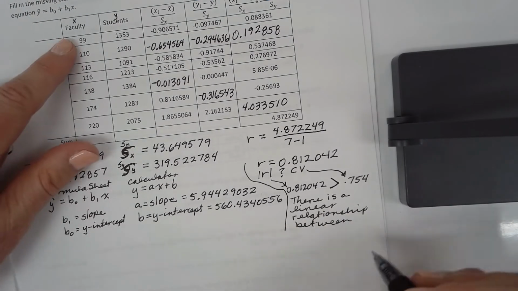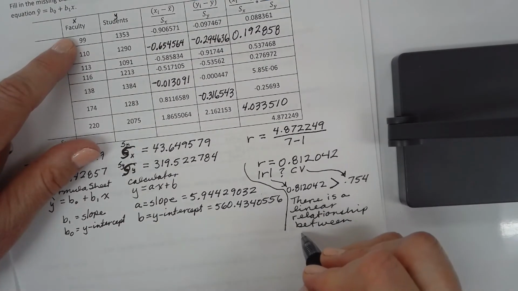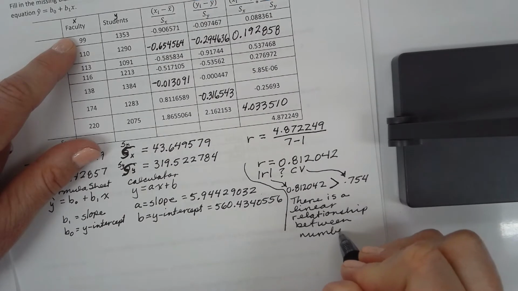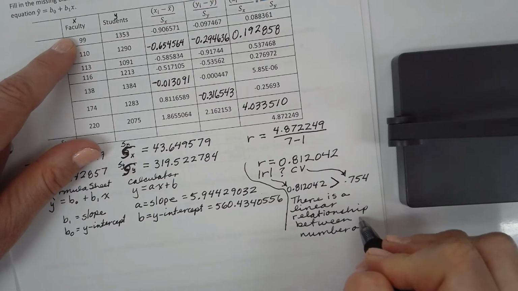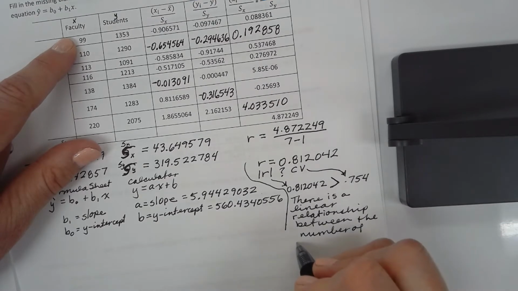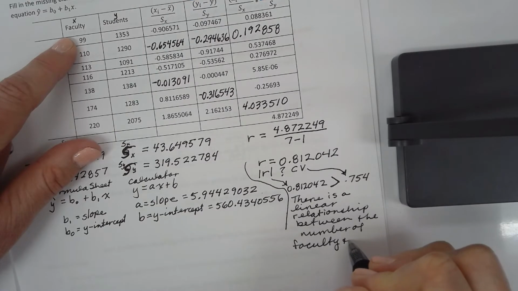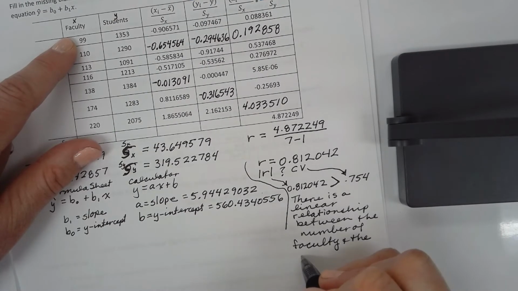So the x values are the faculty, between the number of faculty and the number of students.